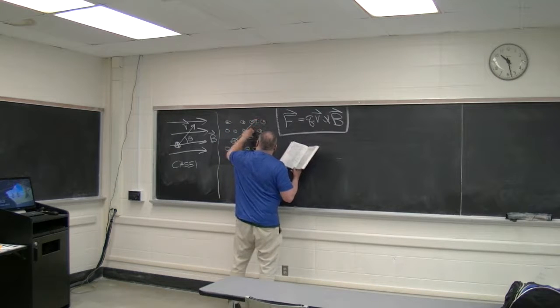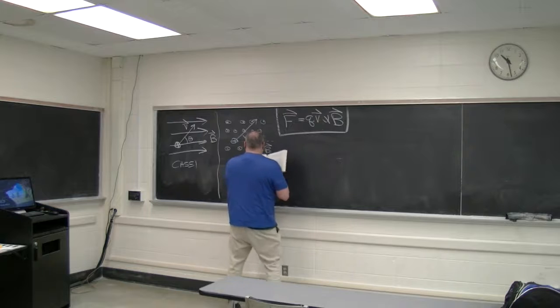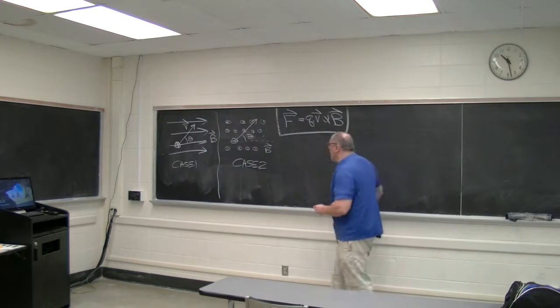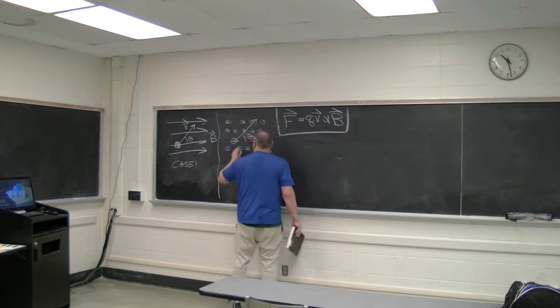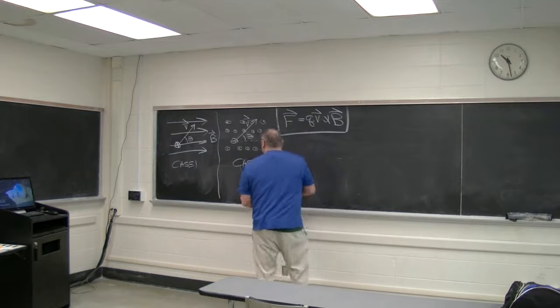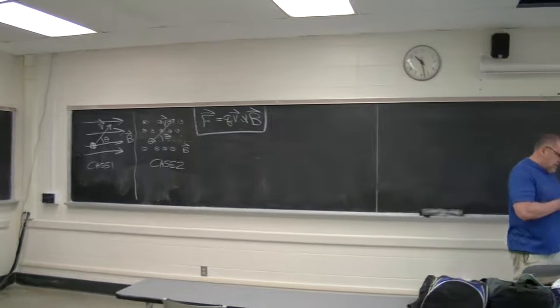This means the B field's coming out of the board in all directions. I mean, in all places. I simply can't draw all places, but it's coming out that way. The particle is still charge Q, still going with velocity v vector, and that's basically the scenario here.